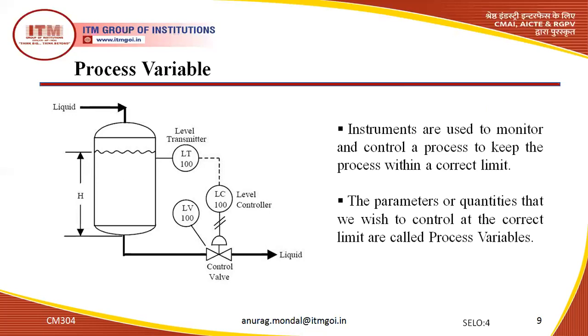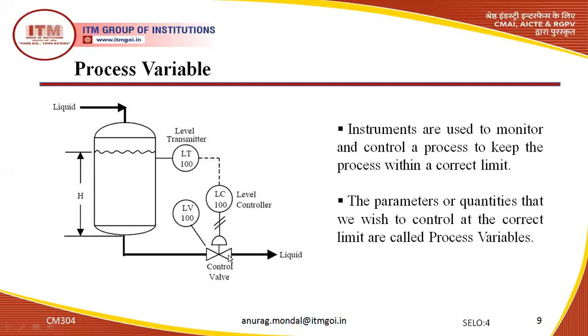Level is a quantity or parameter on which we need the controlling operation. We have a level transmitter that will check the level continuously. Then it will provide some output to the level controller, where the main set point is, and according to the output of the level transmitter, it will provide a controlling signal to the control valve.